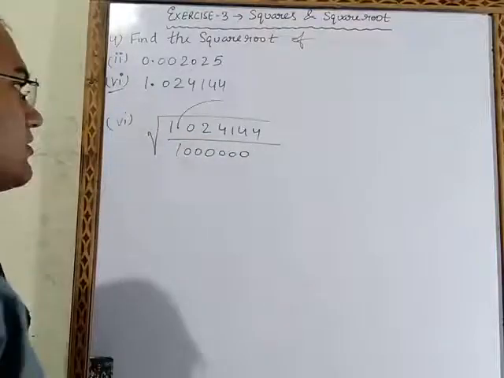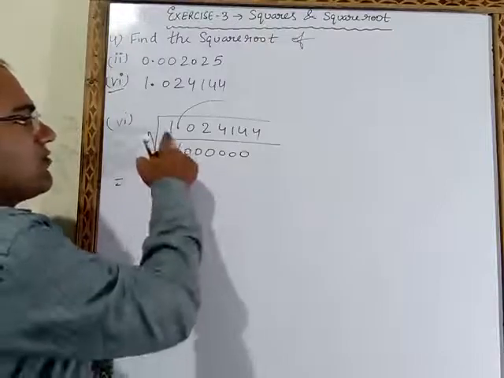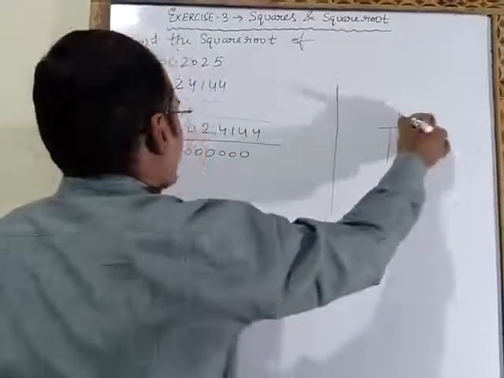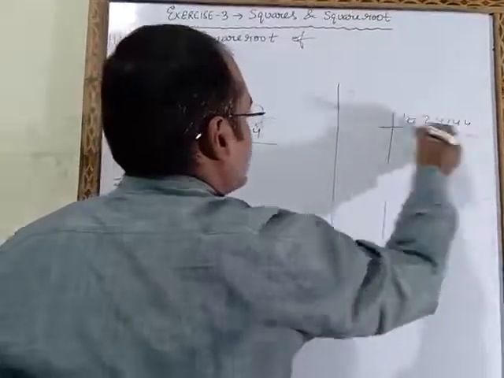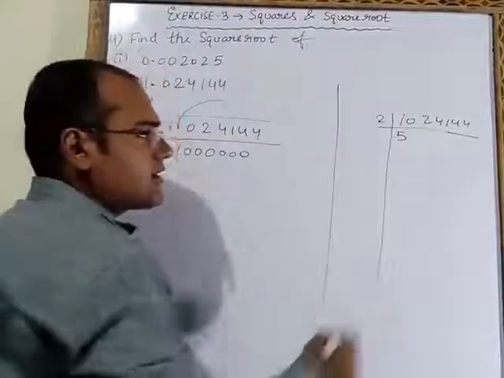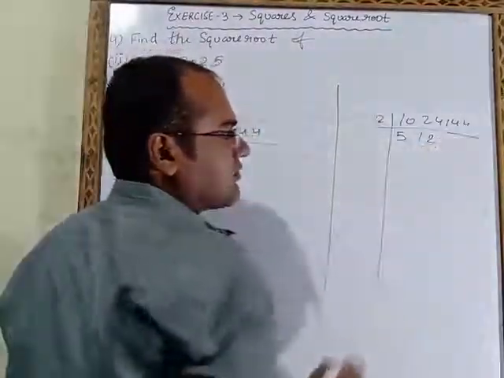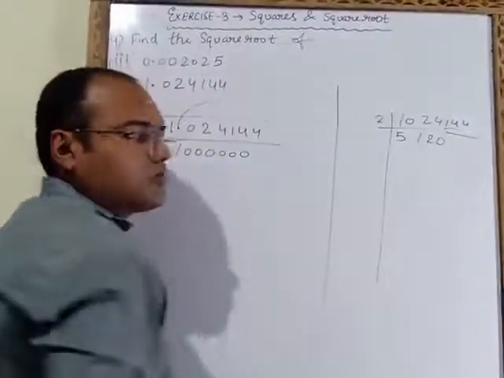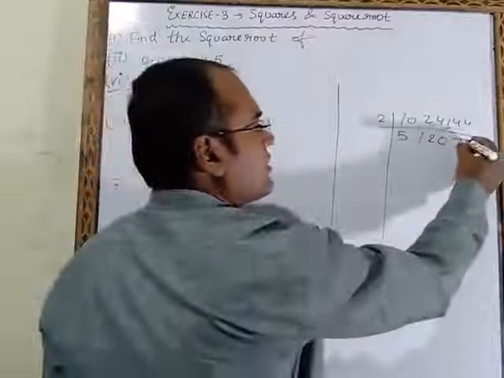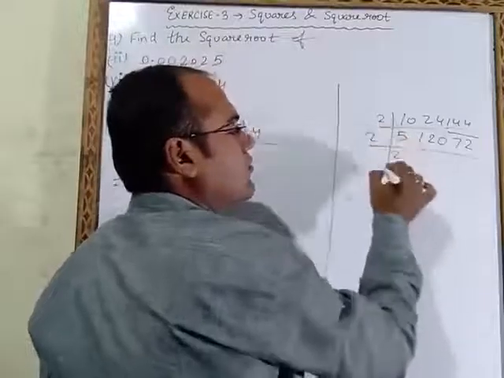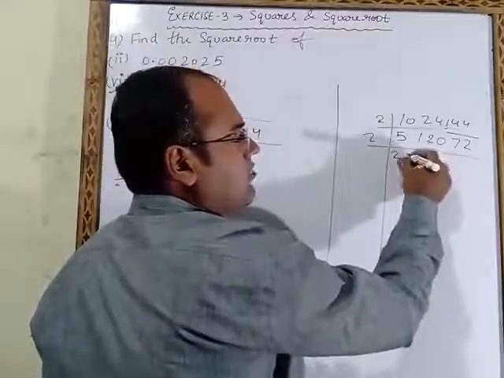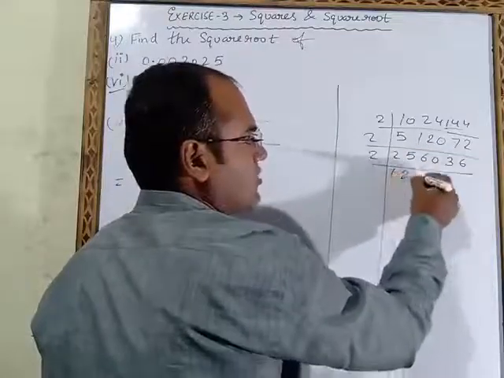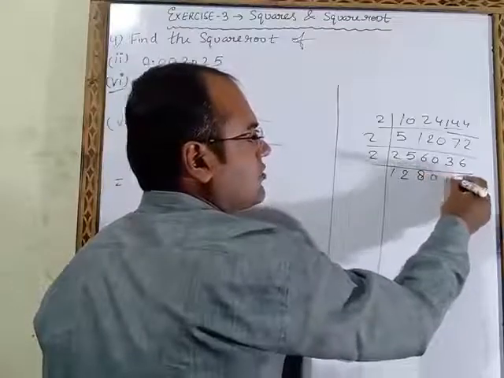Now the next step, we will find the prime factors of 1024144. 2 5s are 10, 2 1s are 2, 2 2s are 4. 1 is not divisible, so we will take them together, and here we have to put 0. 2 7s are 14, then 2 2s are 4, 1 remainder, 1 and 1 is 11. 2 5s are 10, 2 6s are 12, 2 3s are 6, 2 6s are 12, 2 1s are 2, 2 2s are 4, 2 8s are 16, 0.